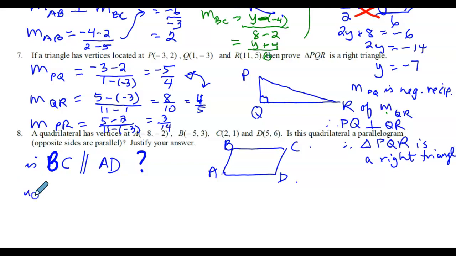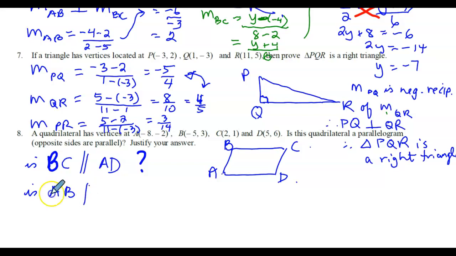Okay, and then we have to check both pairs. If we only check one pair, then it could be a trapezoid. Remember, a trapezoid has 2 sides that are parallel and 2 that aren't. So we do have to check both. And then is AB parallel to DC or CD?